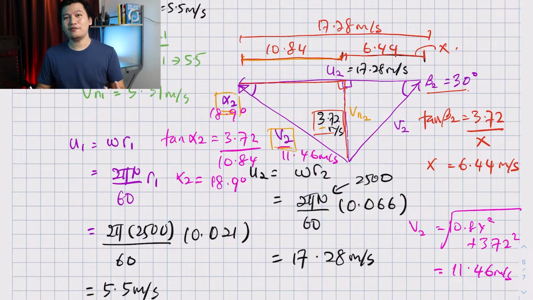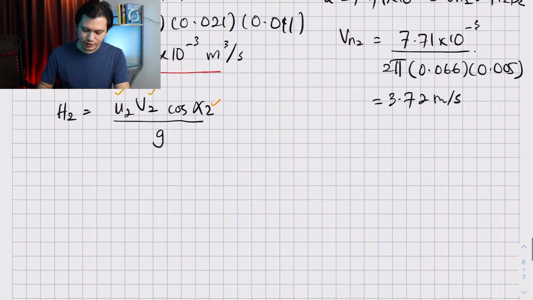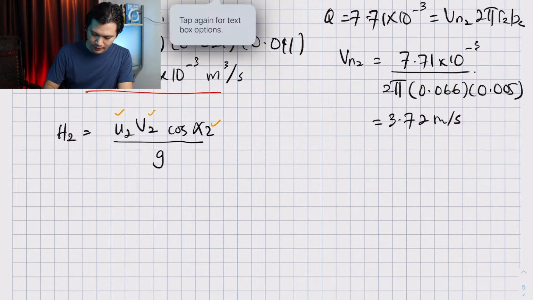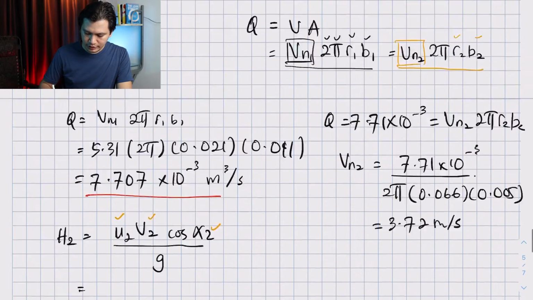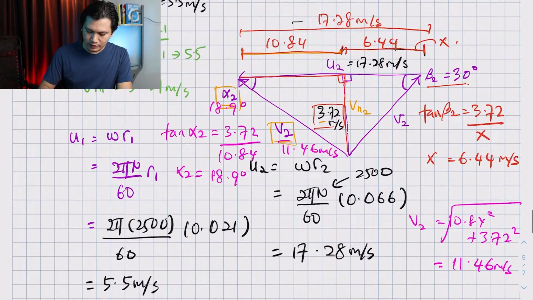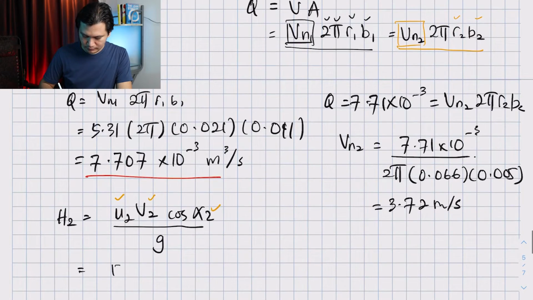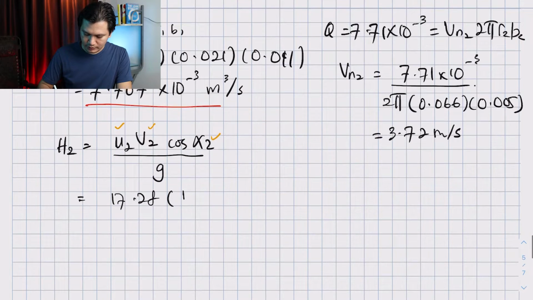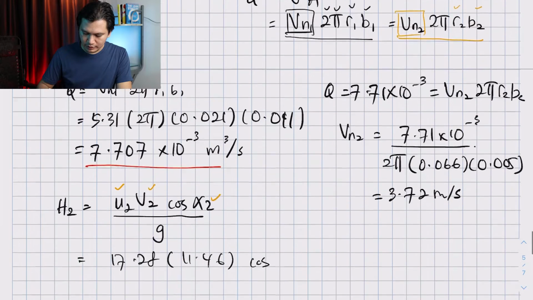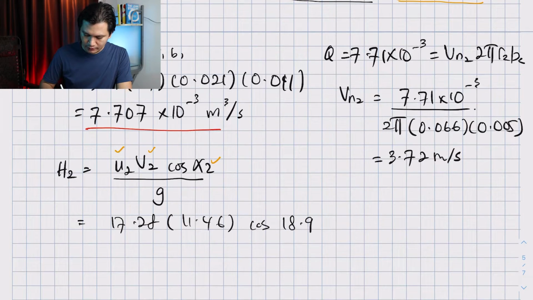Alright, now I think we have everything. We have alpha 2 and we have V2. Now can we find our theoretical head? Of course we can. Let me change this to black. U2 is 17.28 and V2 is 11.46, cos alpha 2 is 18.9, divided by 9.81.